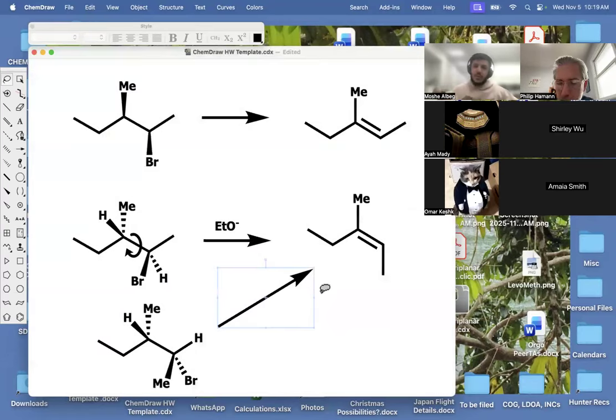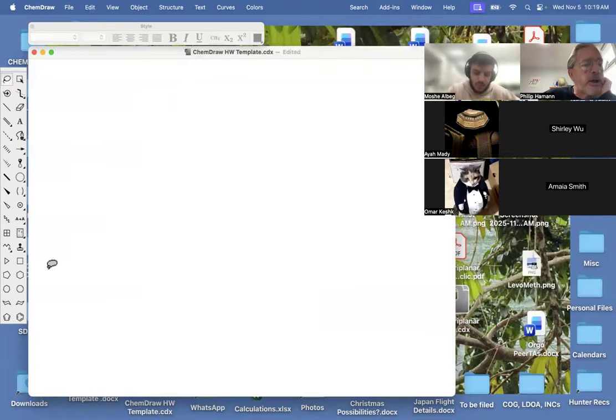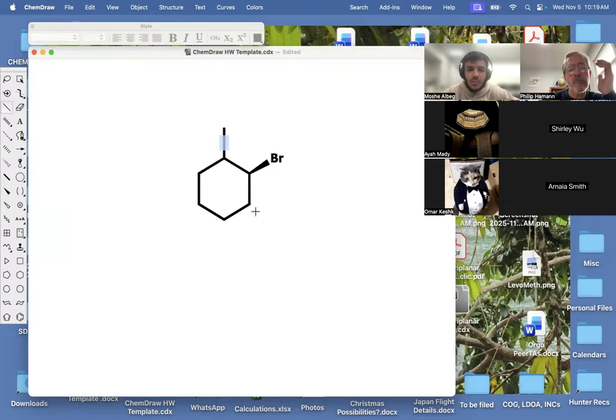Okay, let me do one other thing before we go on. If you have a bromine on a ring, and so you're going to do an E2 elimination with a ring, and you have this setting.